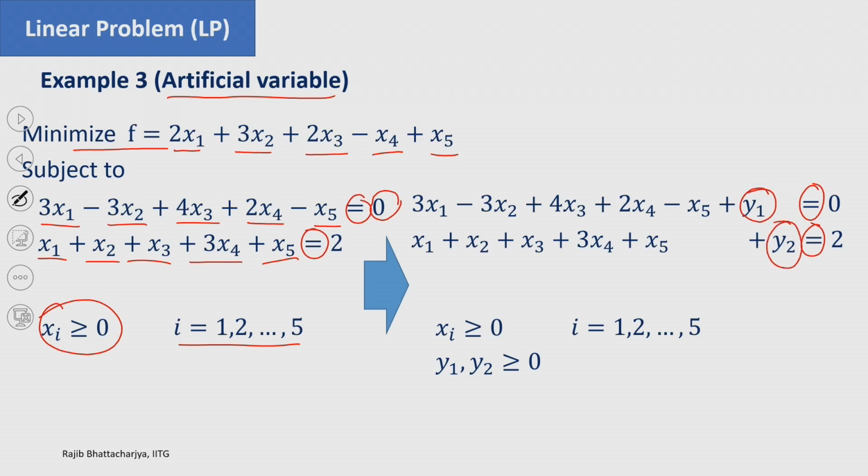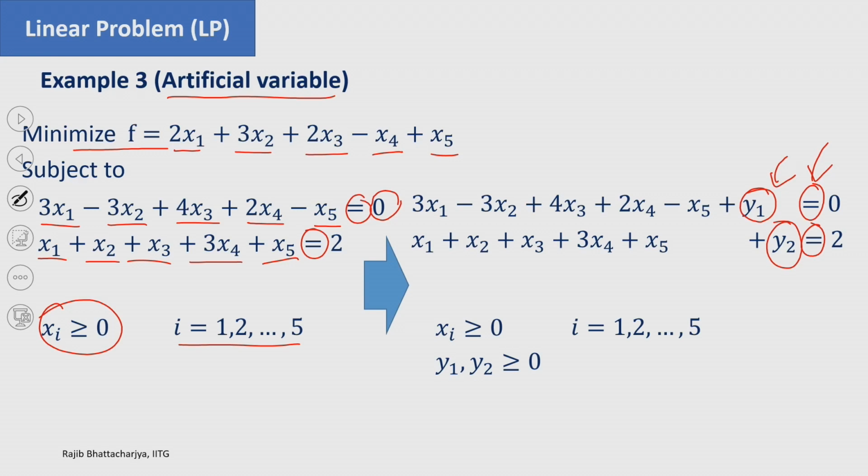Now, once you are putting y 1 and y 2, this equality sign is not actually valid, and basically you have disturbed the equality sign. Earlier we added a slack variable in order to make it equal, but in this case it is already equal, and you are adding a variable and this variable will disturb this equality sign.